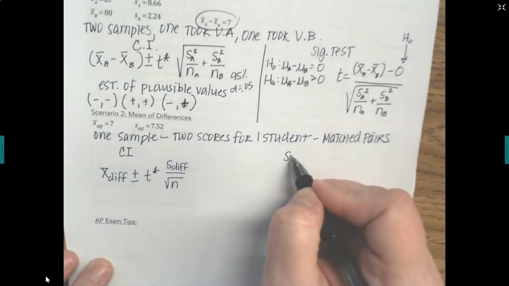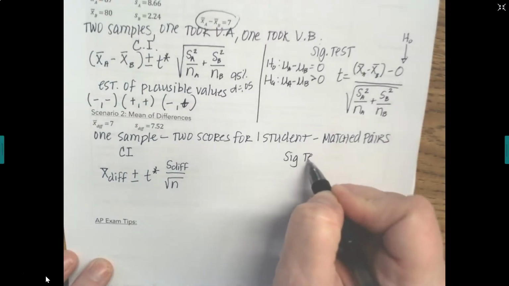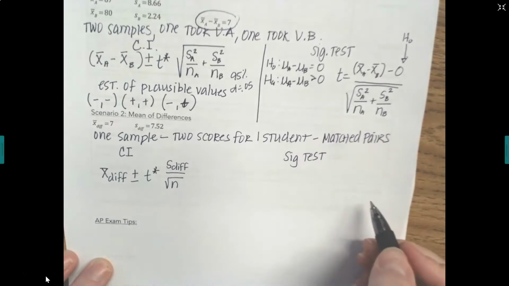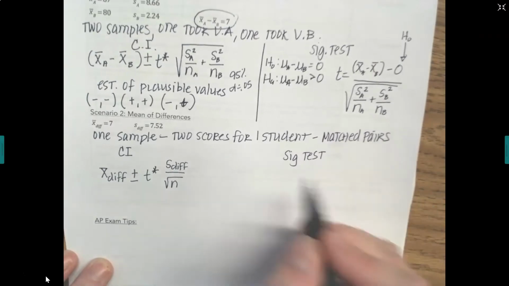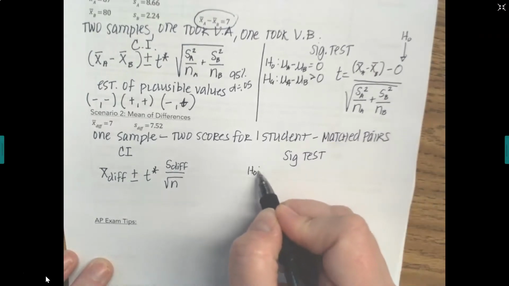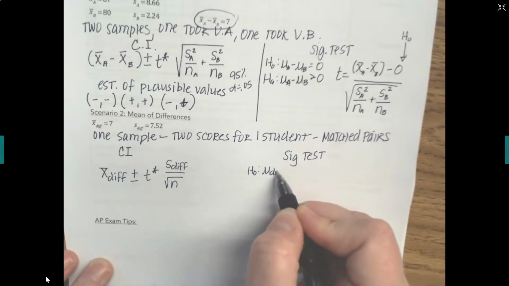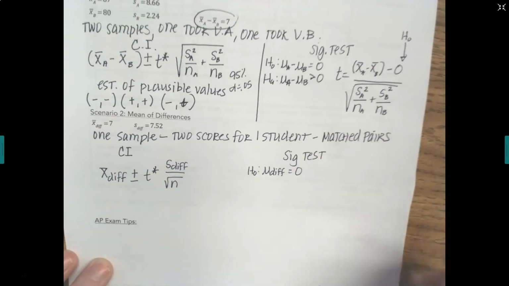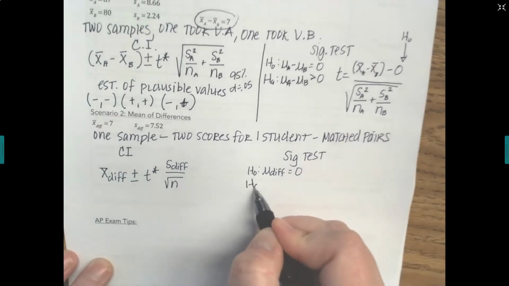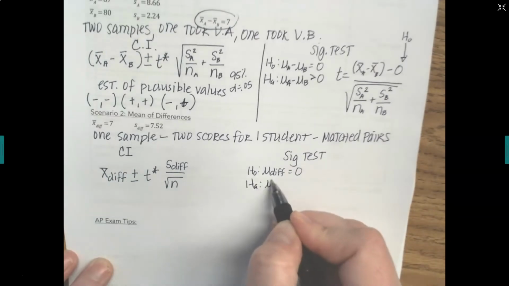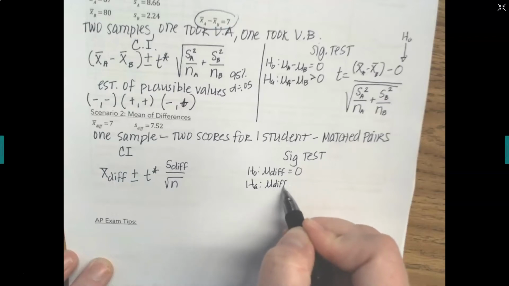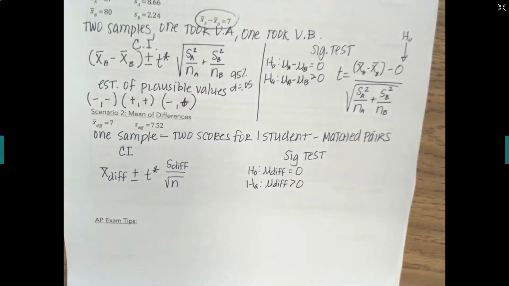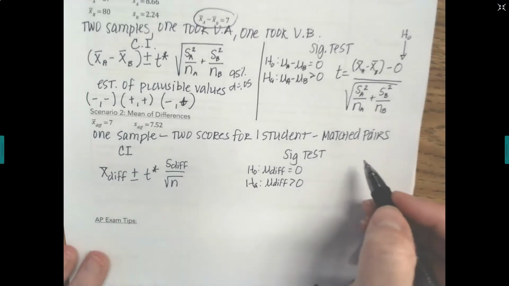For our significance test, we have to have our hypotheses again. So our null would be that the mean difference, that there is no mean difference. Null means none. And your alternative there is that the mean difference is still greater than 0, because if we subtracted in that order, we would get a number greater than 0 if B was harder and had lower grades.